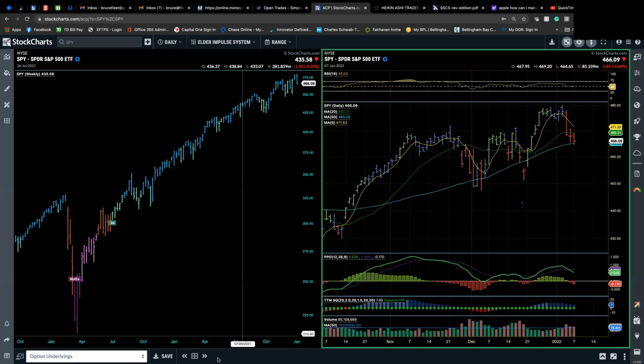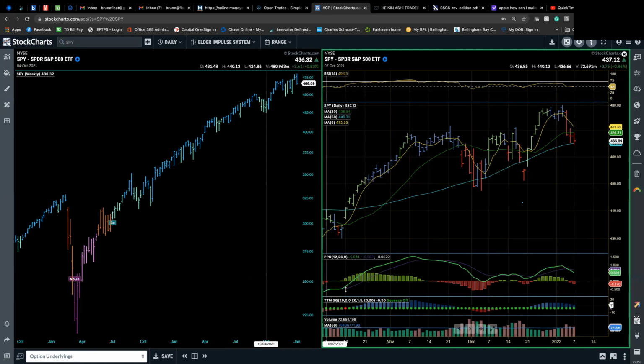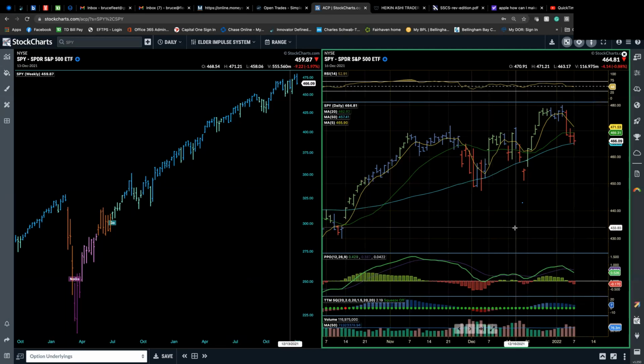So hopefully the number of cases will drop as quickly as they came on. And that would be excellent for reopenings. It would be excellent news for the markets. We're still dealing with inflation, but all of these things factor in.